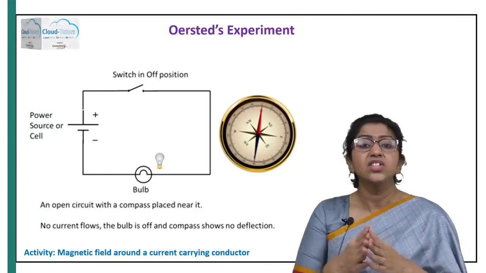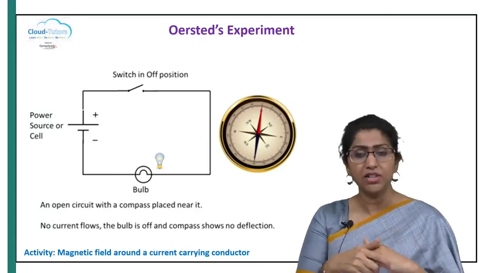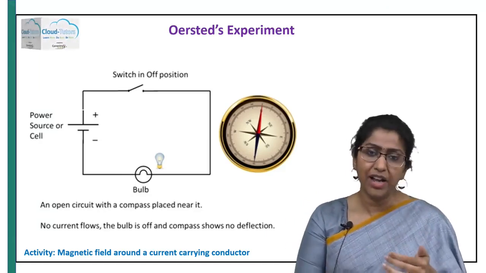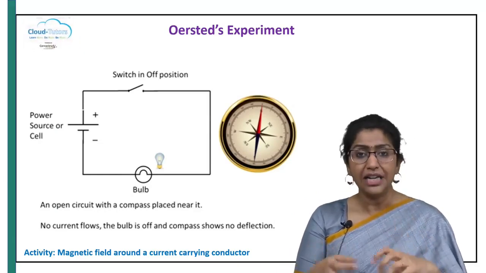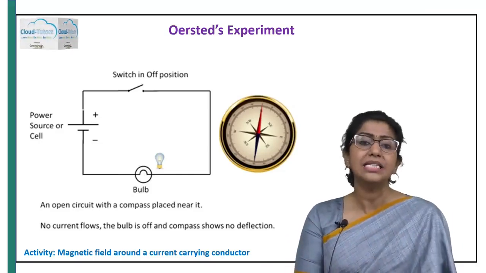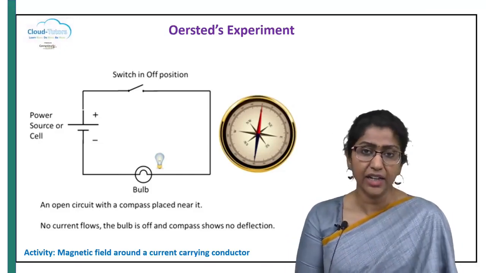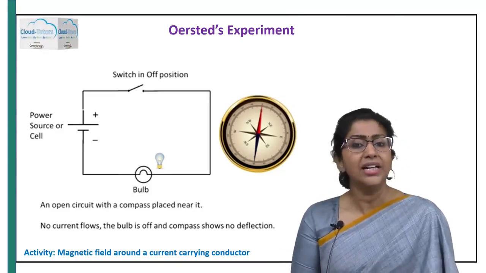But Hans Christian Oersted, a Danish physicist, conducted an experiment, or basically stumbled upon an effect, where he saw that when a magnetic compass is kept beside a current carrying conductor, it showed a deflection. Now he wondered, why did that happen?